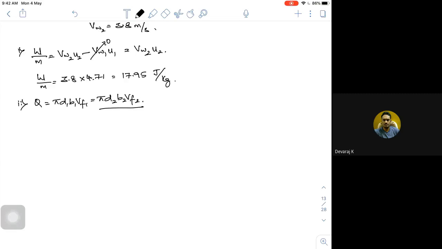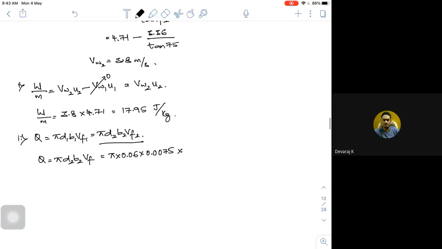So Q is equal to pi D2 B2 Vf2, so pi into 0.06 into 0.0075 into your Vf, 3.36.